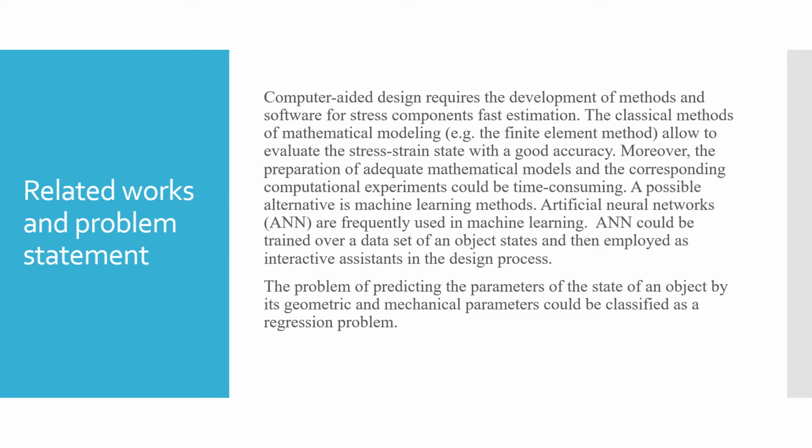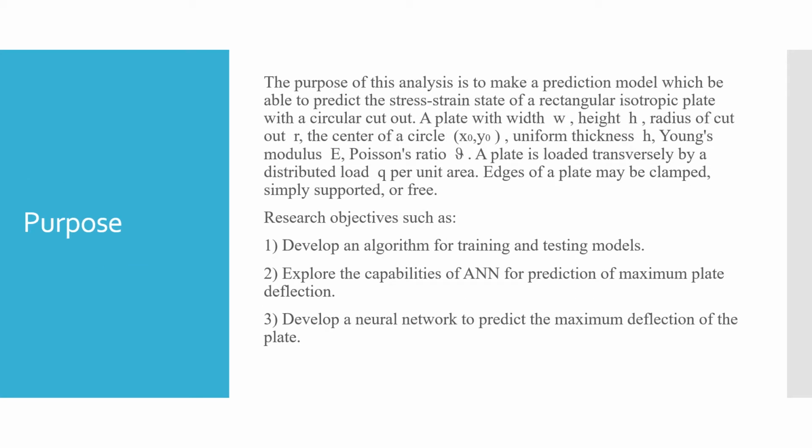The problem of predicting the parameters of the state of an object by its geometric and mechanical parameters could be classified as a regression problem. The purpose of this analysis is to make a prediction model which be able to predict the stress-strain state of a rectangular isotropic plate with a circular cutout.